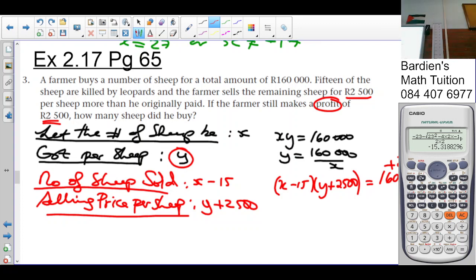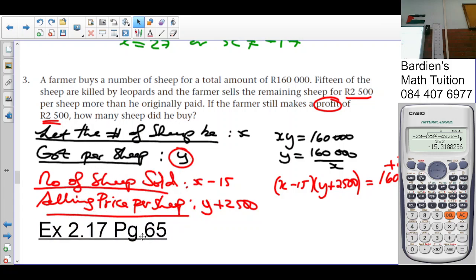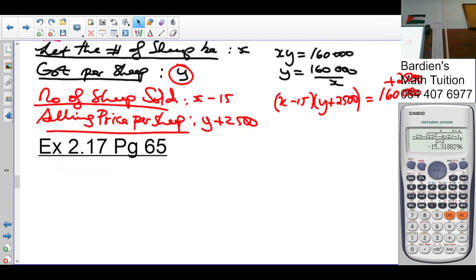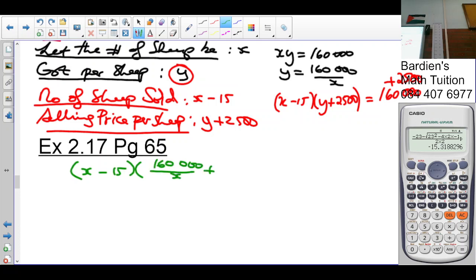From here, it's a matter of solving the equation. Is this work so difficult? I think the part where you need to set up the equation, you need to master that. Once that is mastered, the rest you can do. So that's going to give you 162,500.